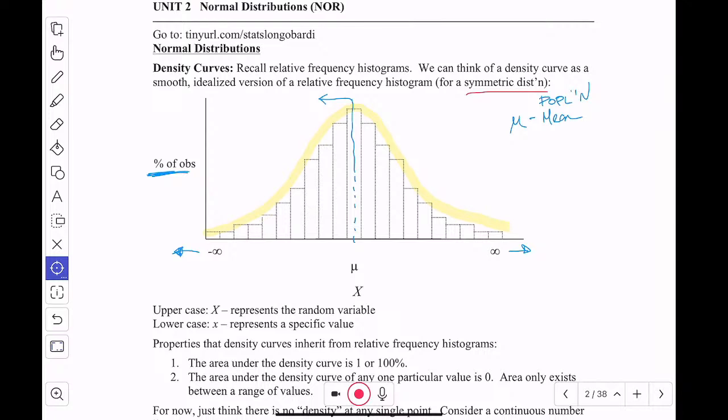So if the whole thing under the curve is 100%, what is this? What would this be? Very good. So this is 50%.